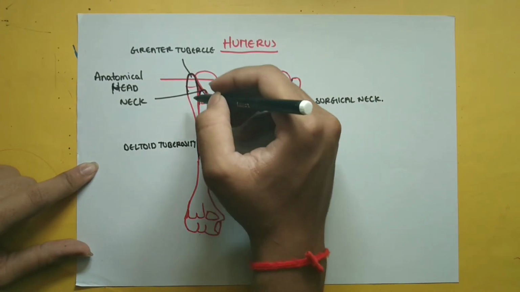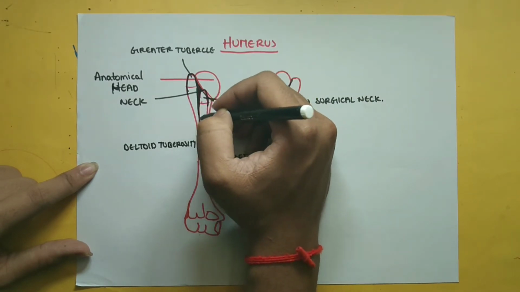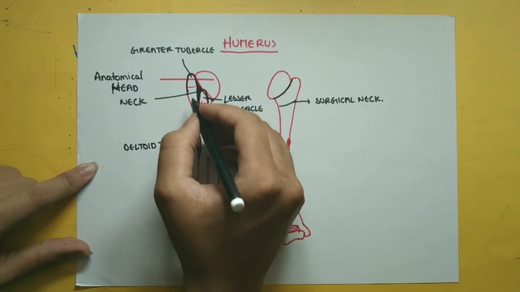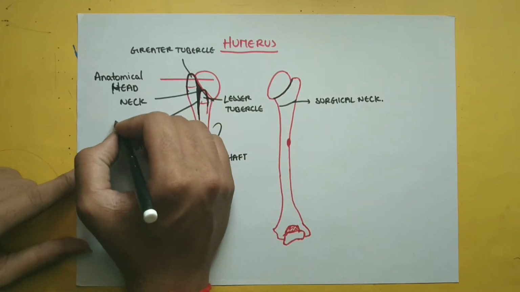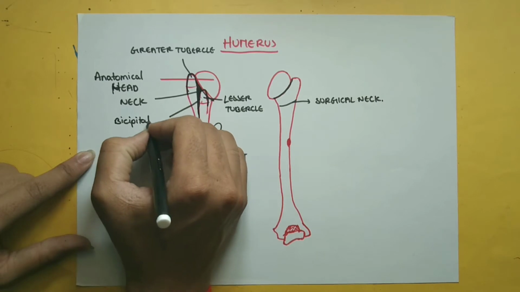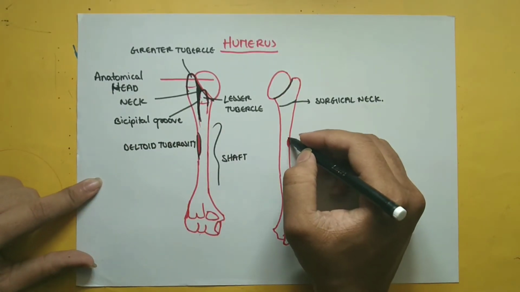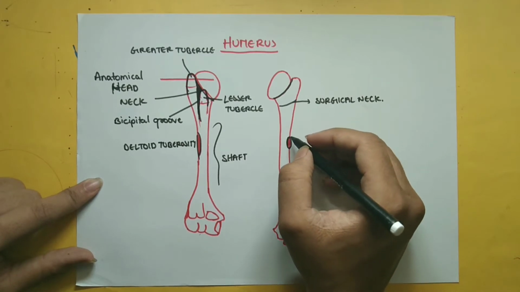And this region over here between the two tubercles is known as bicipital groove. And here is the radial groove.